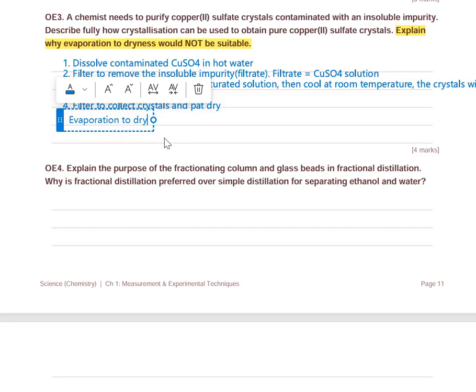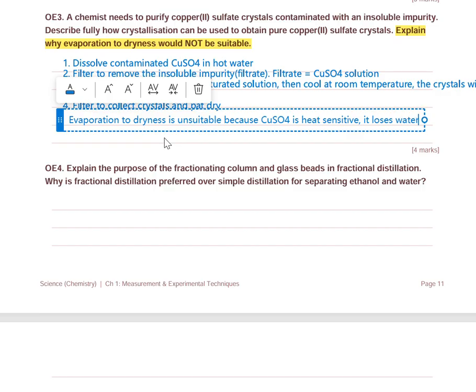Evaporation to dryness is unsuitable because CuSO4 is heat sensitive.